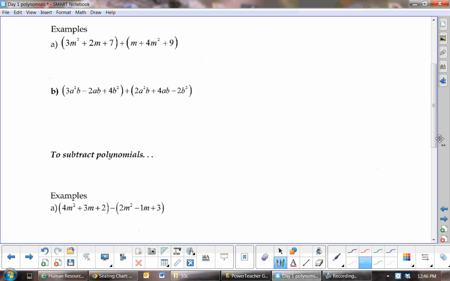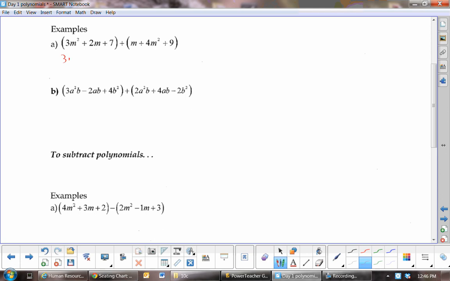Identical except for the coefficient in the front. Because if you have 3 of those and 2 of those, you would have 5 of them, as long as they are identical words. Now, a good habit is always to get rid of your brackets.